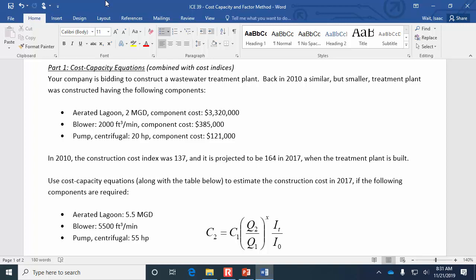The backside of the paper has all of those correlating exponents for each piece of equipment.